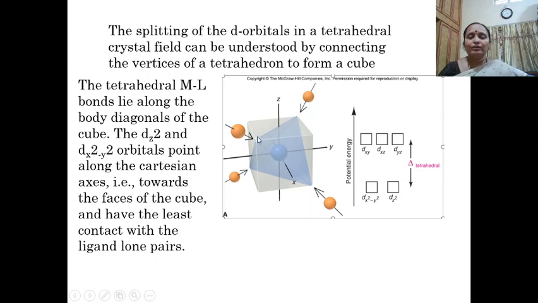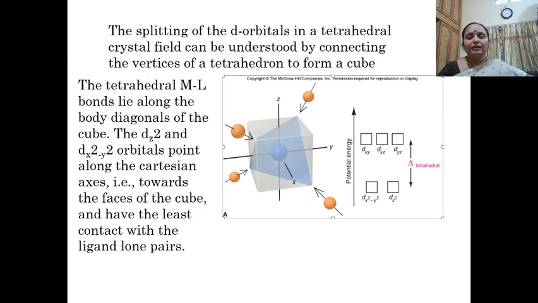Suppose we consider this to be a cube. This is a vertex, this is a vertex, and so on. At the vertices there are the ligands.